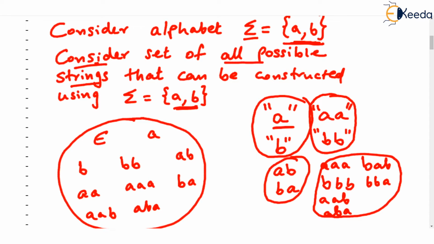By the way, there is one more string that can be constructed using sigma. What if we don't take anything? Yes, that's epsilon or lambda. Many people write this as empty string. So even the empty string can be constructed using the given sigma a comma b, because we are taking neither a nor b. So epsilon is also a string that can be constructed.